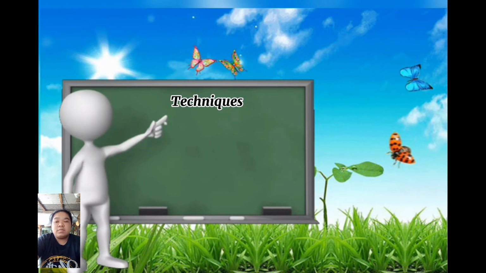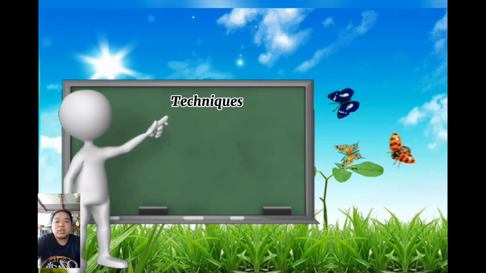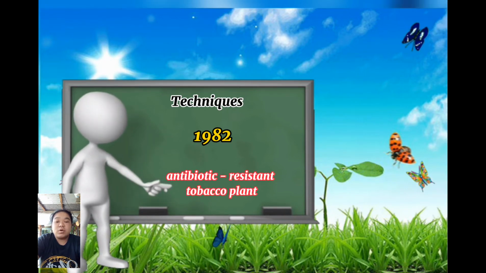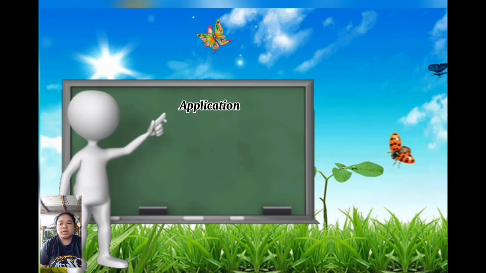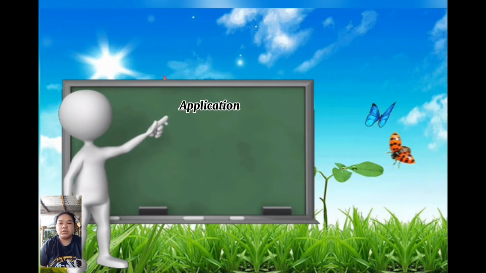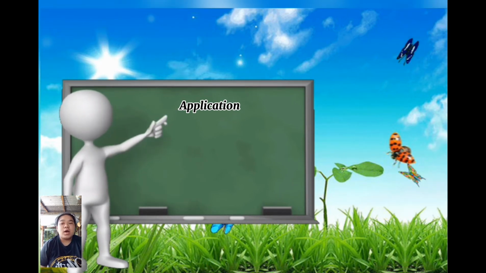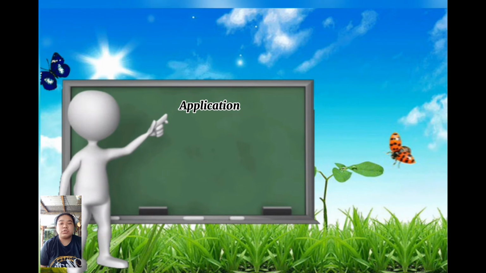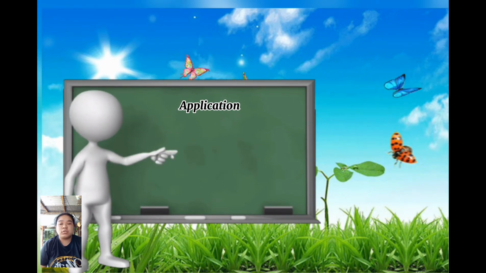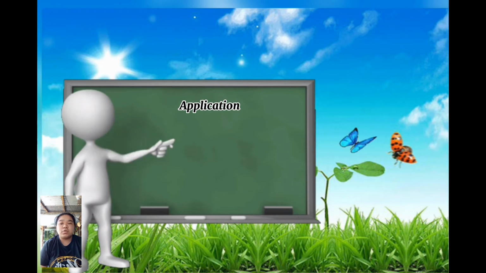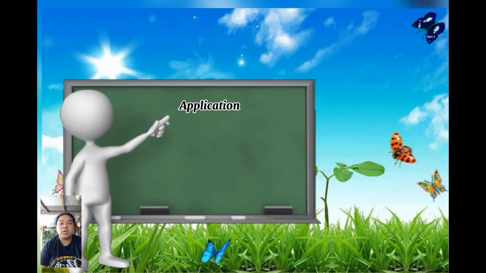And last, the first genetically modified crop plant was produced in 1982, an antibiotic-resistant tobacco plant. For the application, a plant breeder may use tissue culture to screen cells rather than plants for advantageous characters, like for example herbicide resistance or tolerance. Production of identical sterile hybrid species can be obtained.